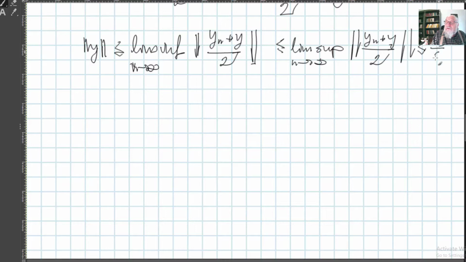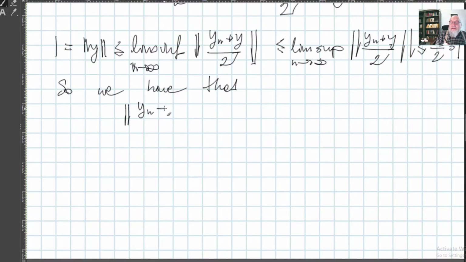And then 1 is equal to 1. We cannot miss this step. So we have that the norms of yn plus y over 2 converge to 1. So this limit exists and is equal to 1.